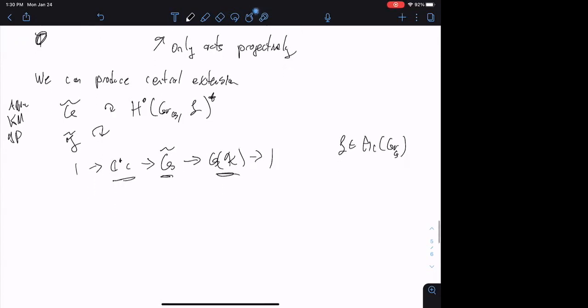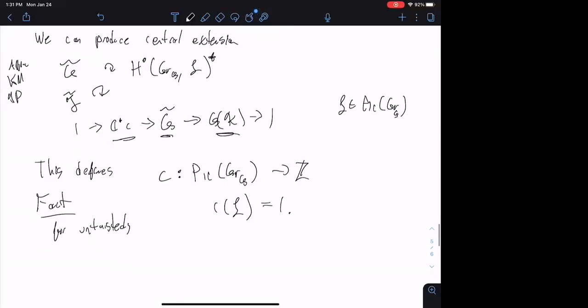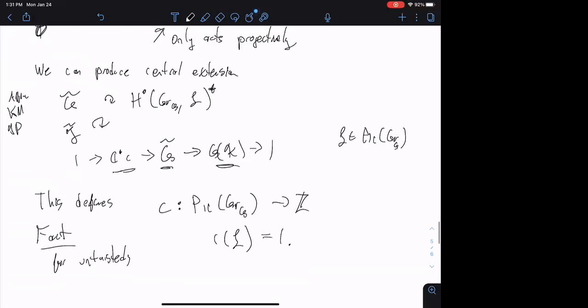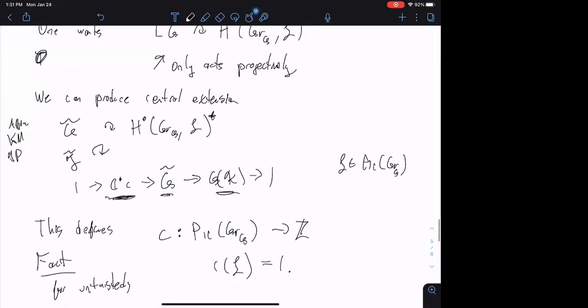So this defines a homomorphism, which I'll denote by c. This can also be written as the central charge from Pic of Gr G to Z. And it is a fact in the untwisted case that the central charge of the ample generator is equal to 1. But I should mention that in the twisted case, this is not necessarily true, and this is one thing that has to be repaired in the twisted case. So there's a thing floating around called the level, which is produced by letting your central copy of C star act on your line bundle. So that's maybe something else that I wanted to mention.